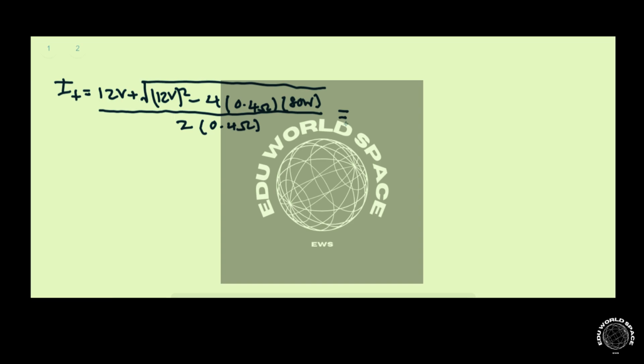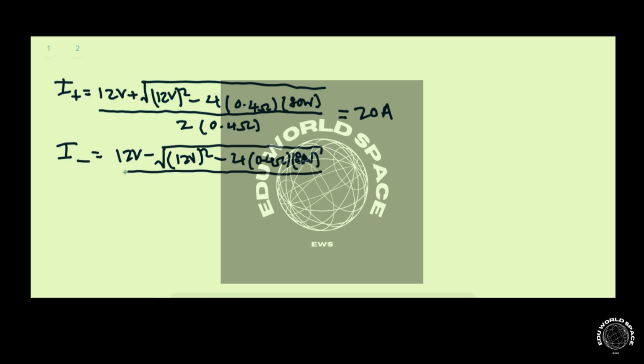And that is equal to 20 amperes. And then I minus is equal to 12 volts minus square root of 12 volts squared minus 4 times 0.4 ohms times 80 watts, divided by 2 times 0.4 ohms. And this is equal to 10 amperes.